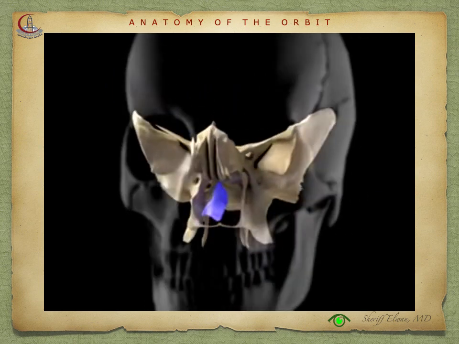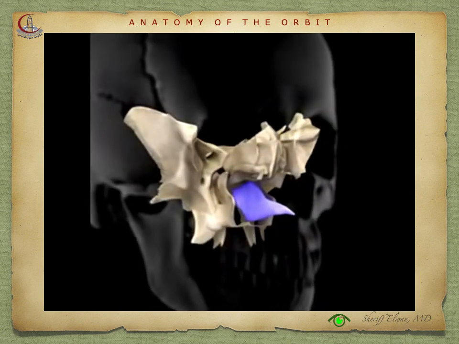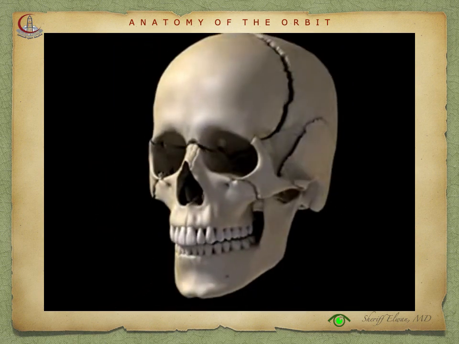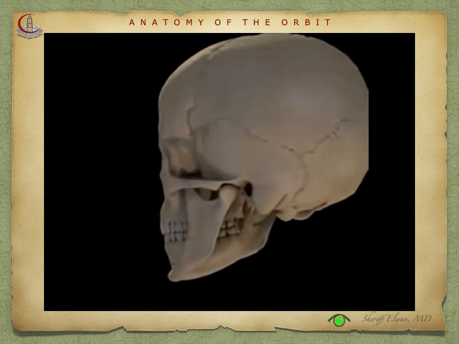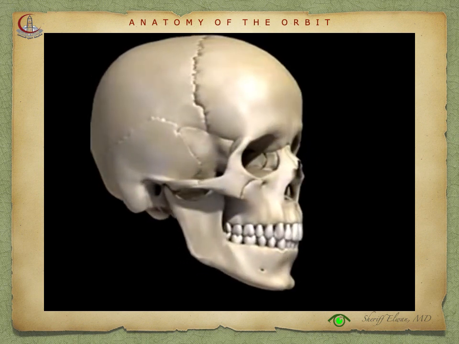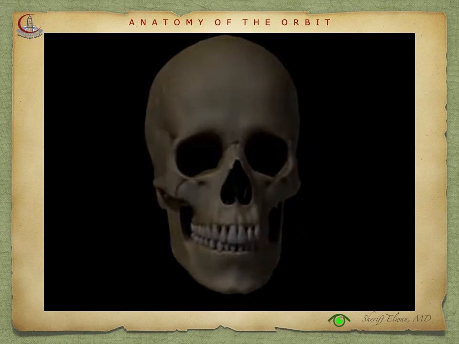Then comes the vomer, which is a midline bone forming the inferior and posterior parts of the nasal septum. All bones, internal and external, come together in a very miraculous, robust structure that serves its very high superior function.